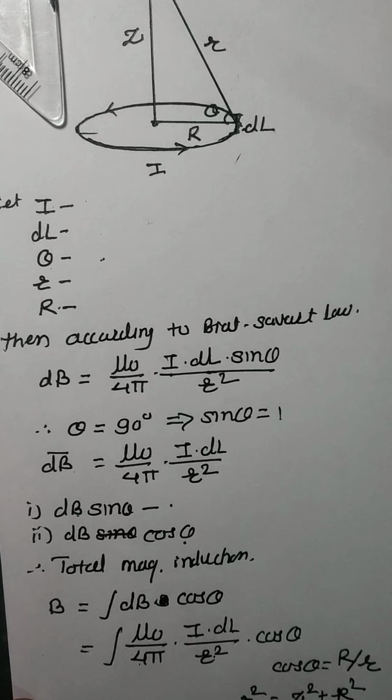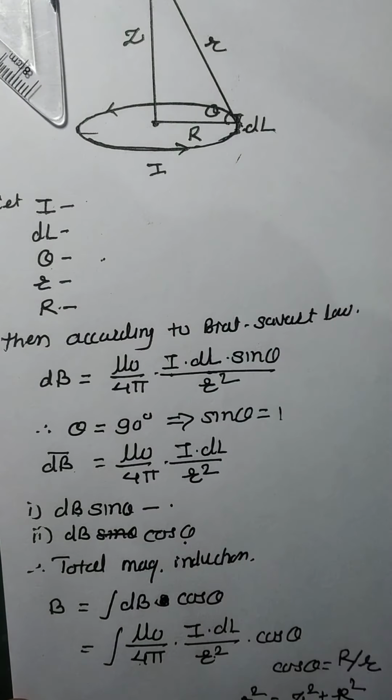Here which is nothing but mu naught I divided by 4 pi, R divided by z square plus R square raised to 3 by 2, integration of dl.